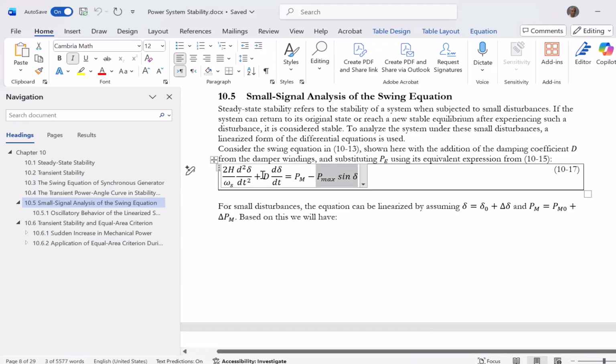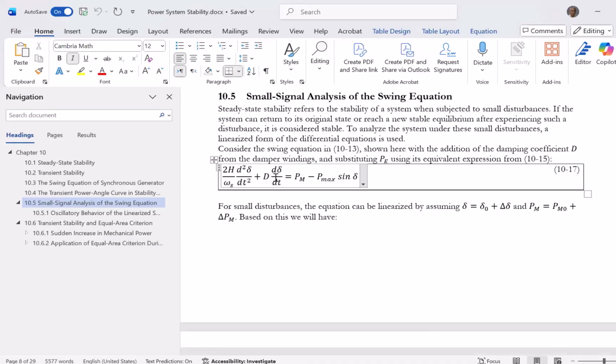And I'm going to add one term also here. This term is associated with the dampings in the generator. So this could come from different sources. So damper windings, for example, in the generators could add some damping. So in general, this damping factor does help out with the damping, with the stabilization.